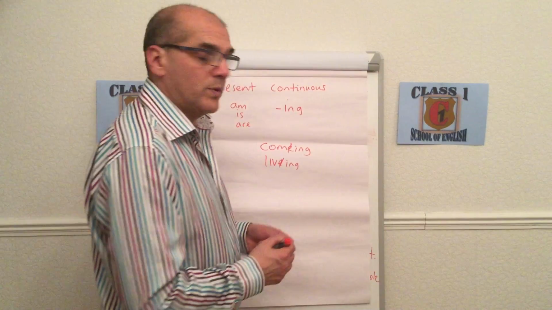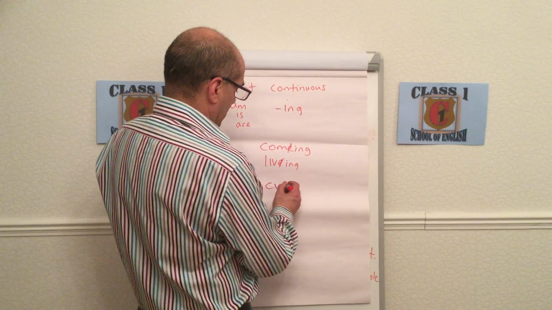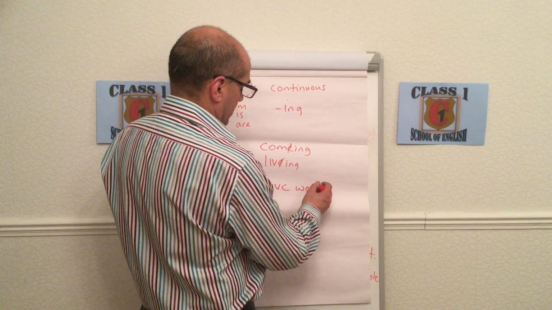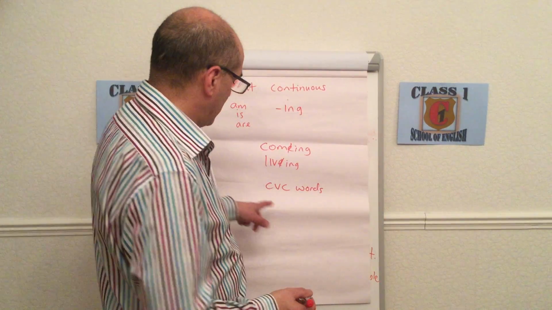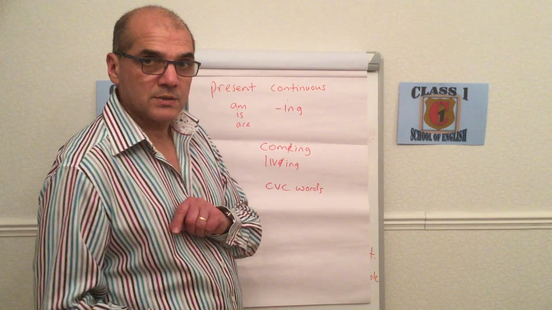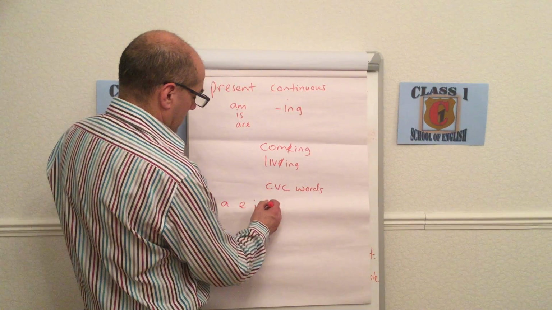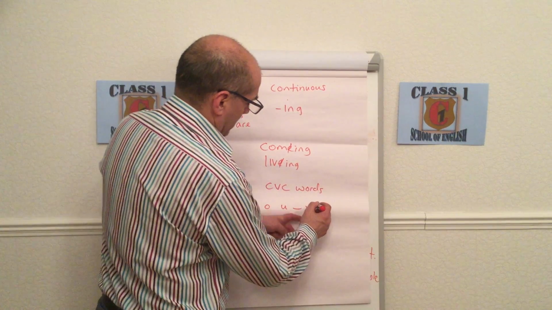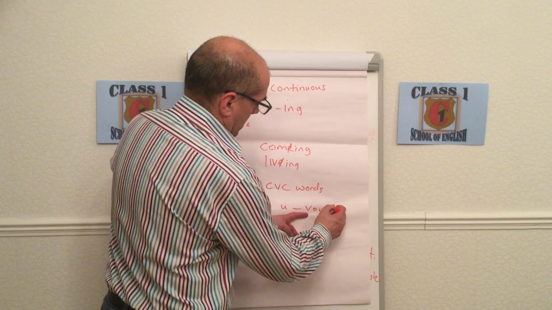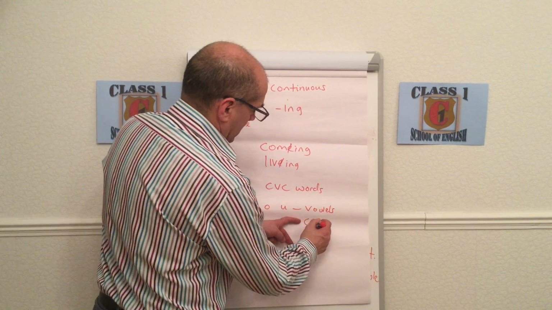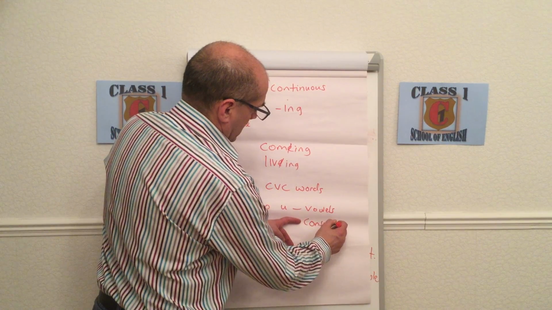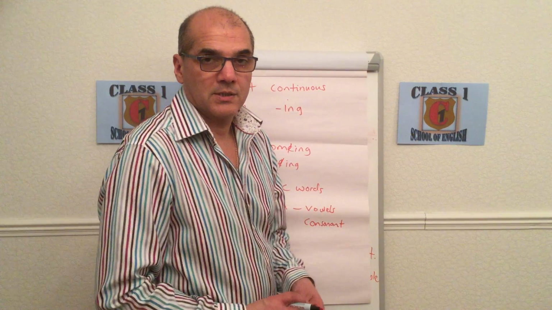Another one is what we call CVC words. Now CVC means consonant, vowel, consonant. In English, A, E, I, O, U are all the vowels. Every other letter is a consonant, okay?